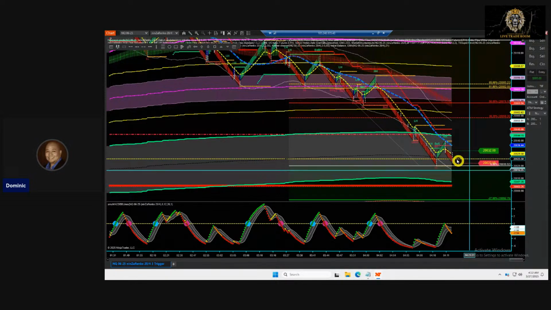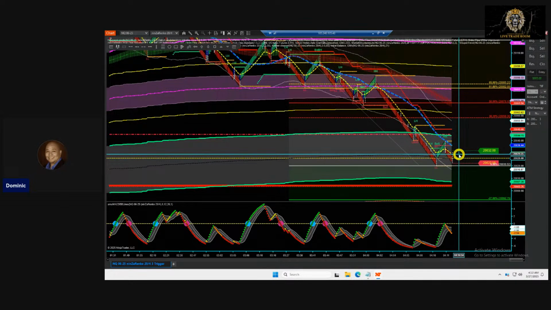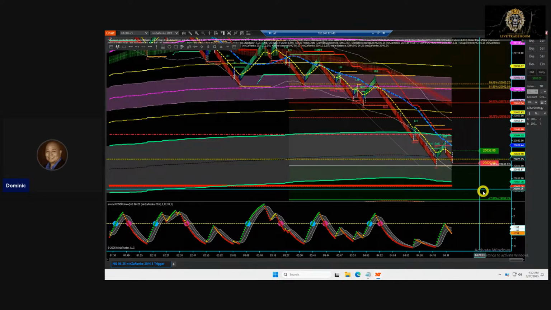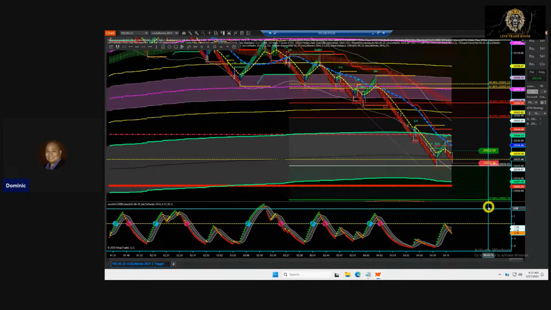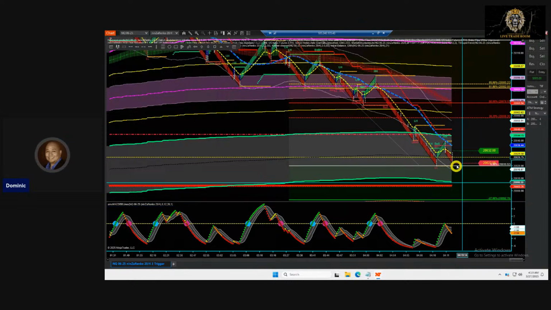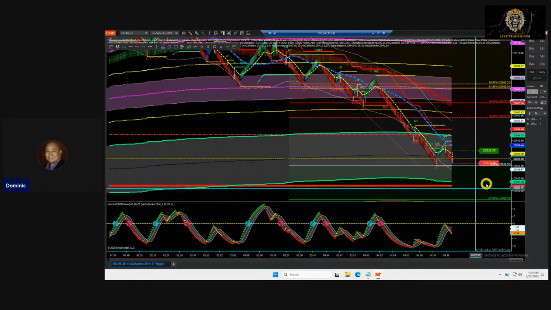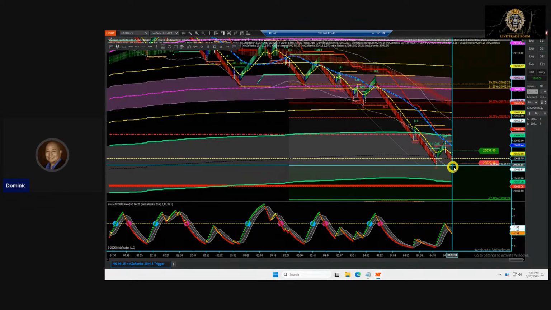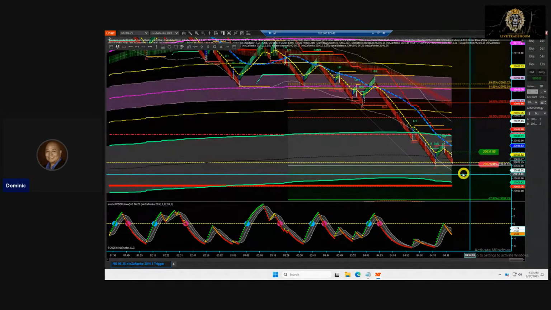That's why I had to keep my stop tight, and I don't want to give any of my profits back. Because if it had momentum, it would have just kept going down. And right now, it's kind of hesitating at this level, indicating that it may create a double bottom, or it may create a higher low.